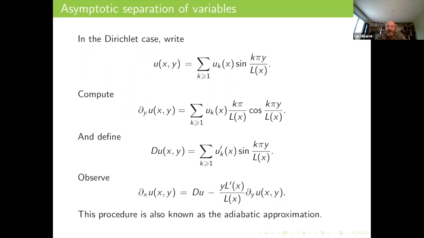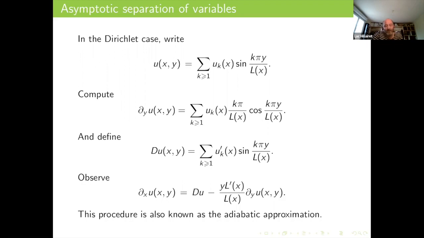So what you do is you make a Fourier decomposition in y at fixed x. Of course this works well with the derivation with respect to y, but if you try to differentiate with respect to x, then you will have two terms.